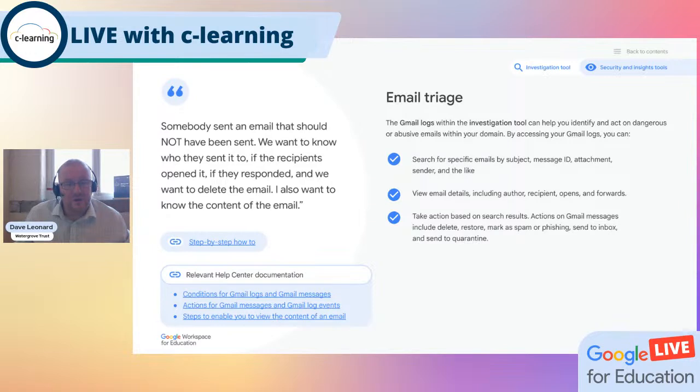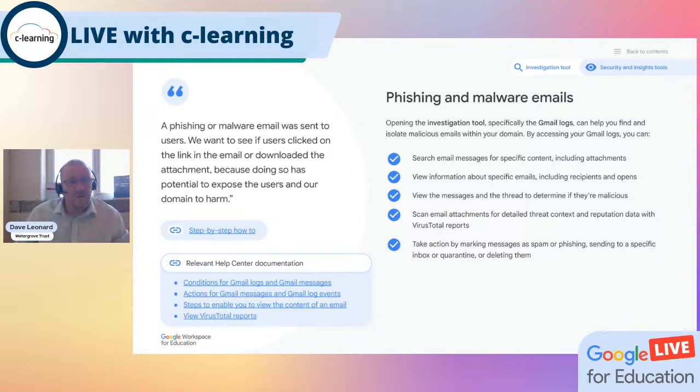So when somebody has got a query around emails, maybe something's been sent out that shouldn't have been, it's a tool that allows us to jump in really quickly, take action on that, retract emails that haven't yet been opened, and just tidy up some of those gentle mistakes that occasionally are made within our domains. We're also, as I've mentioned earlier, able to check any phishing and malware emails. With Plus, we've got the opportunity to open every attachment in a safe sandbox before it's even delivered to the end user.